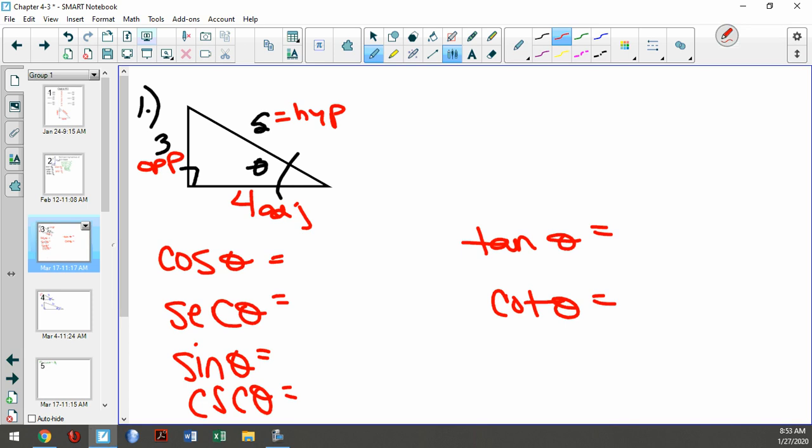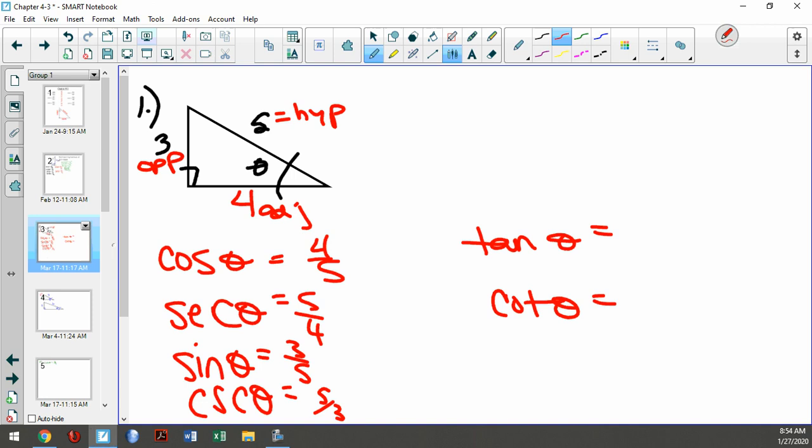Adjacent over hypotenuse, what is that? Four-fifths, very good. So if it's 4/5, what's the secant? Very good. Sine, 3/5. Cosecant.